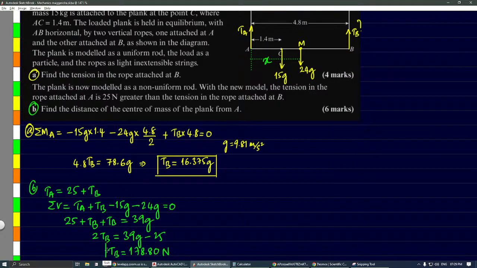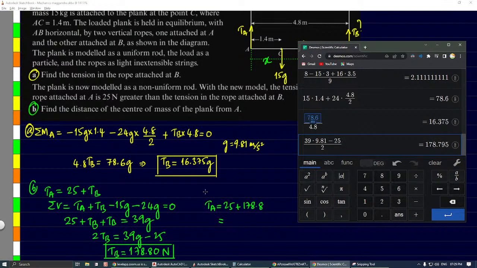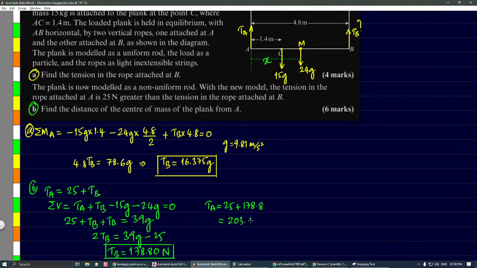This is in newtons. So TB value we got it. Then TA value will be 25 plus TB. So we get how much? Plus 25, 203.8. So TA, TB, both values we got.